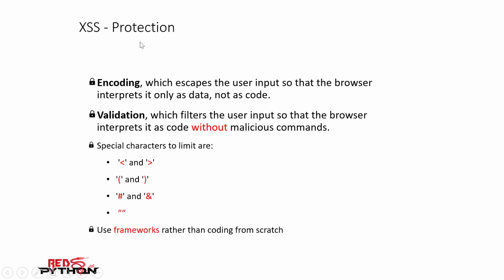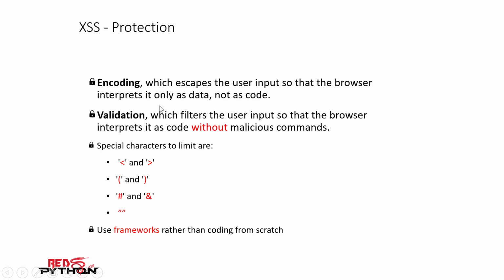So the protection, mainly, as I said, is encoding. Encoding means that these special characters need not be interpreted by the browser as they are. Just encode them and convert them into an ASCII mode. This will prevent the browser from running any script.